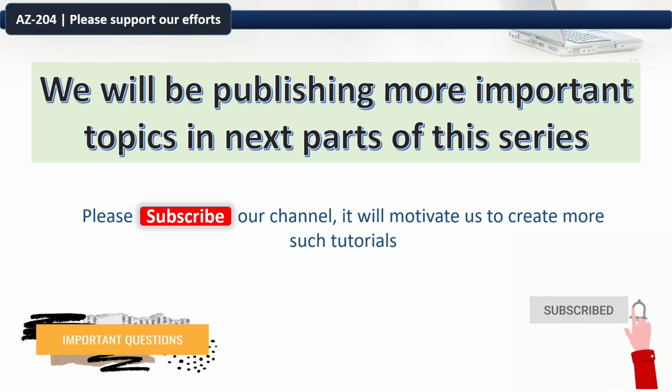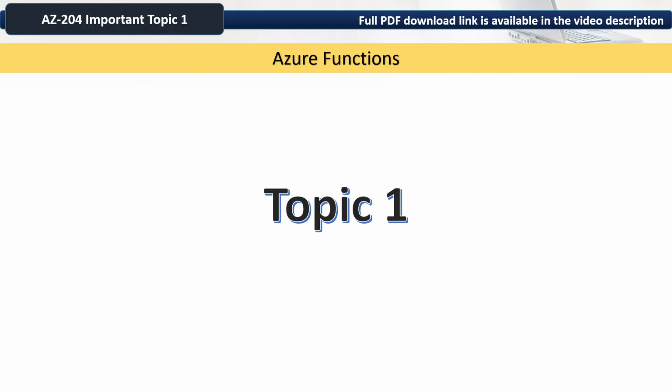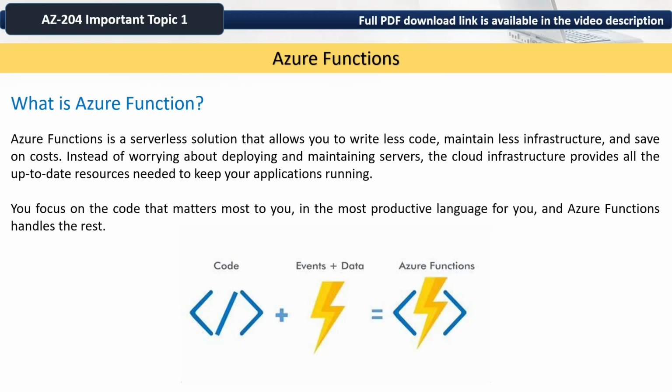To our first topic, Azure Functions. Now, what is Azure Functions? It is a serverless solution that allows you to write less code, maintain less infrastructure, and save on costs. Instead of worrying about deploying and maintaining servers, the cloud infrastructure provides all the up to date resources needed to keep your applications running.